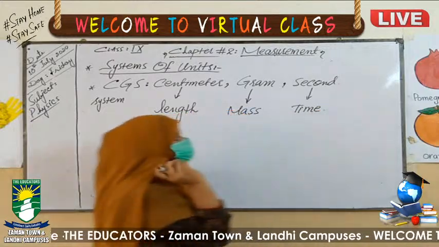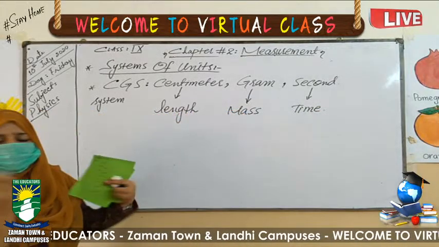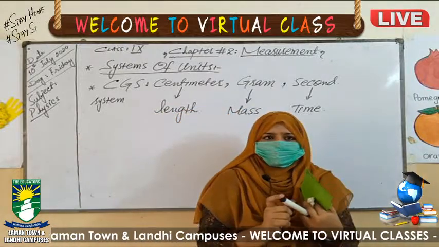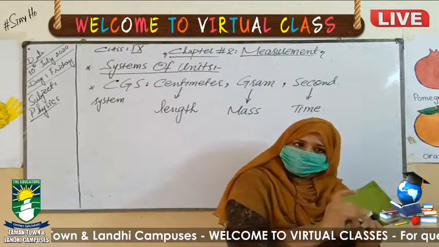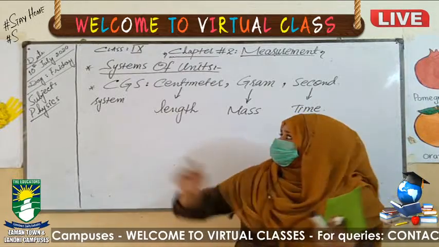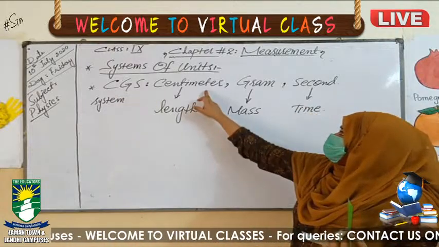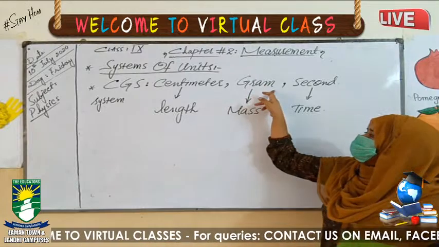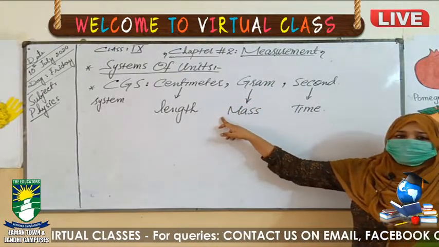These systems of units are telling that if we have particular quantities, what will be their standard units to measure those quantities. Time will be measured in the second according to this system. Length will be measured in the centimeter, and gram will be used to measure the mass.